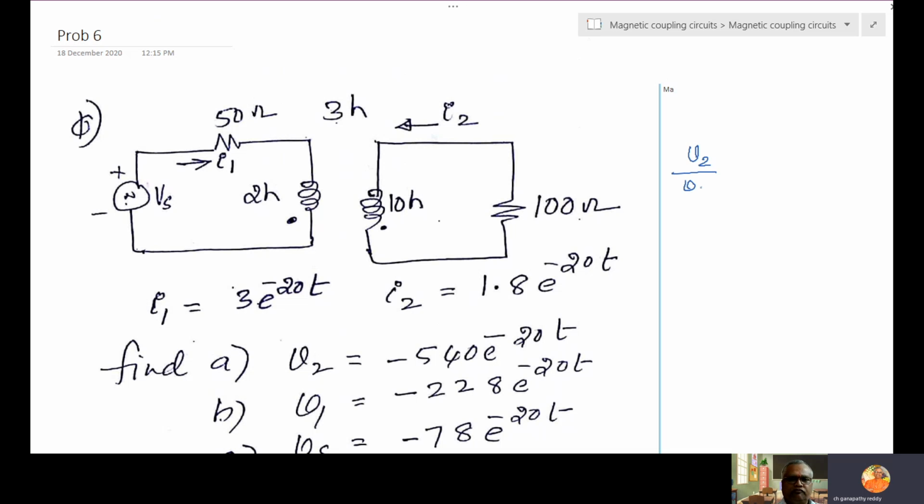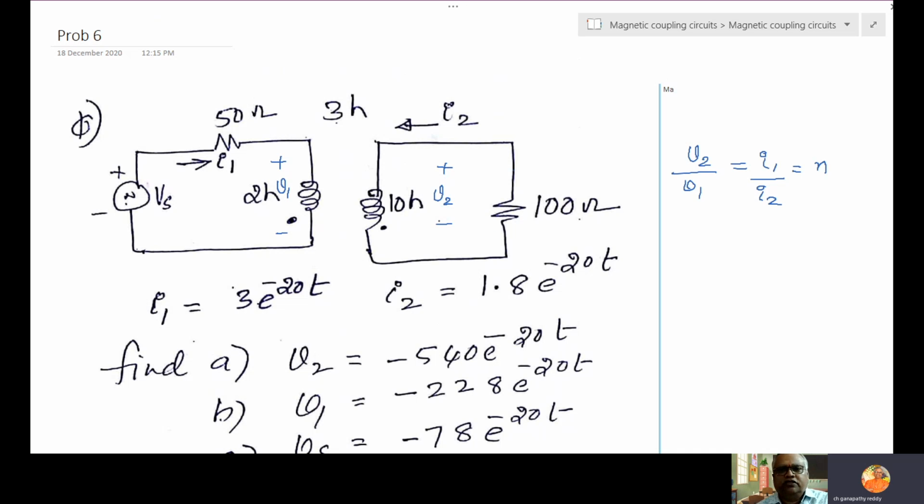V2 by V1 is equal to I1 by I2 is equal to N. V2 polarity we take this way, V1 we take like this.